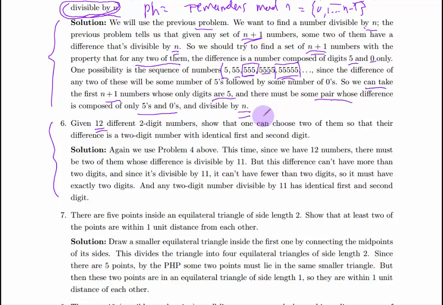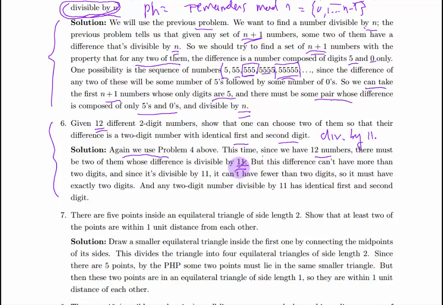All right, so here you just need some understanding of divisibility. If a two-digit number has identical first and second digit, that means it's divisible by 11. So actually this problem is simply looking at the remainders mod 11, and this is the same sort of problem. You have 12 pigeons, 11 holes. Okay, read the write-up. You can see how he does this. We're going to have 12 numbers.